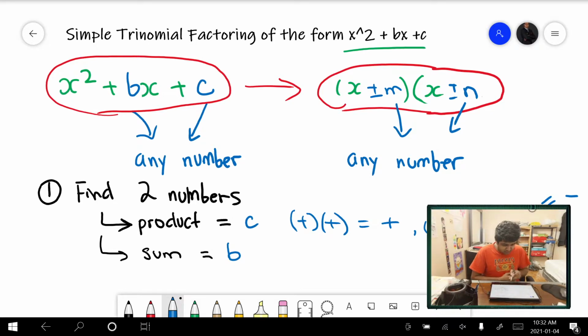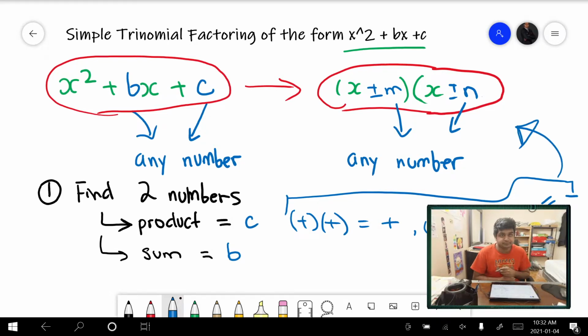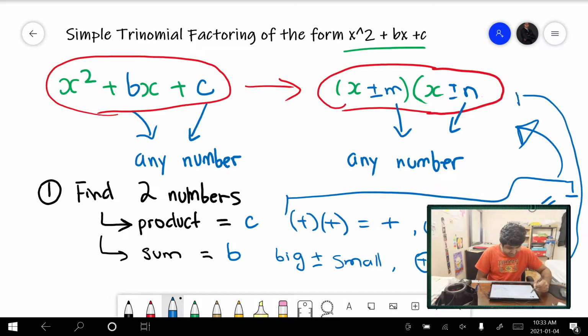So these signs are going to help tell us what sign we need to use. Same idea for the sum. If we have a big number plus or minus a small number, we might have a positive or we might have a negative. And again, these values will impact what values we have for m and n. So that's the whole objective here.